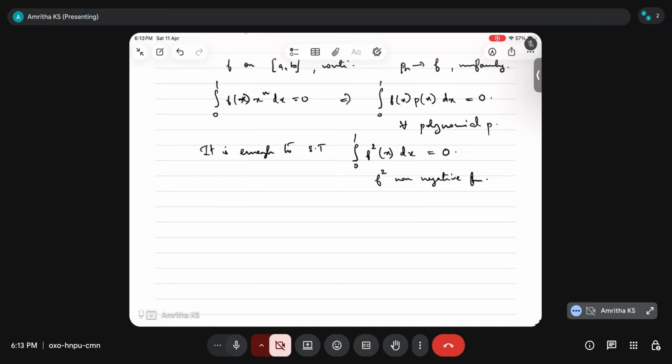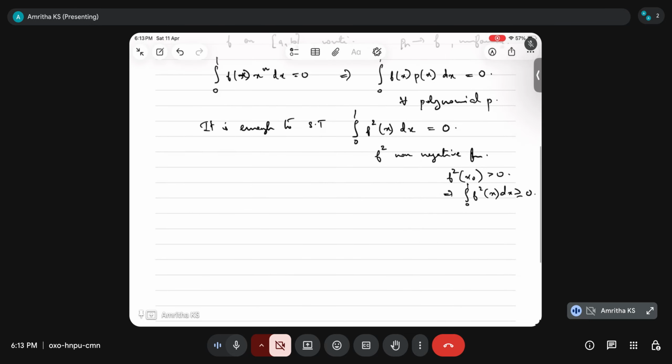And suppose at some x naught, if this is greater than 0, then this would imply that on some interval this is greater than or equal to 0. So please recall this exercise. This would imply that f(x) is 0 on the whole interval. Now we will try to show this.